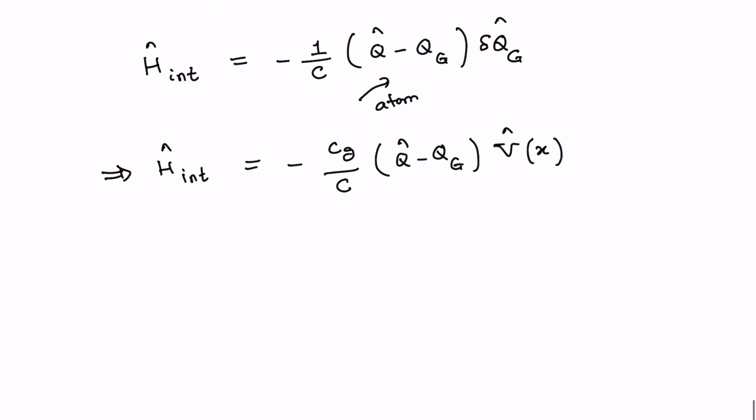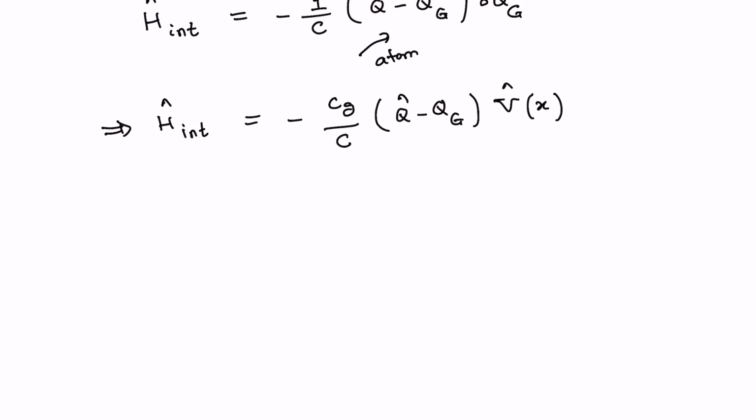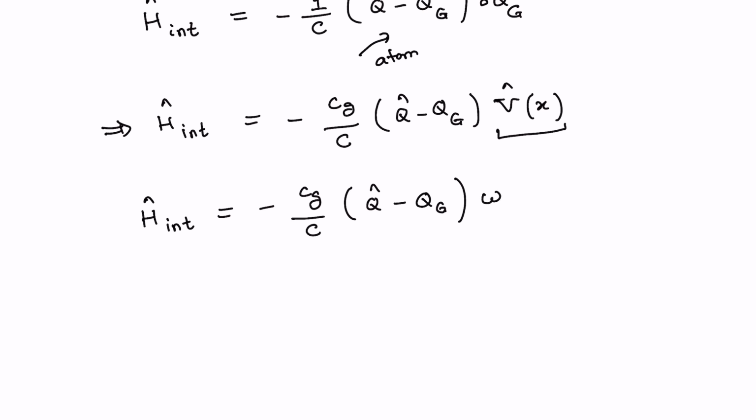If we focus only on the field mode, then I can write H_int equal to minus Cg by C. If I just focus on one single mode of the microwave field, then I can write this voltage operator as omega phi_ZPF, that is the quantum mechanical zero-point fluctuation in the magnetic flux, and (A plus A dagger).